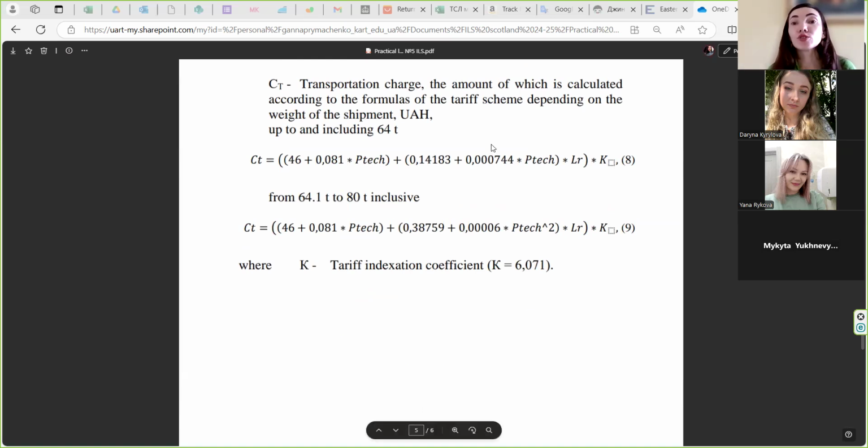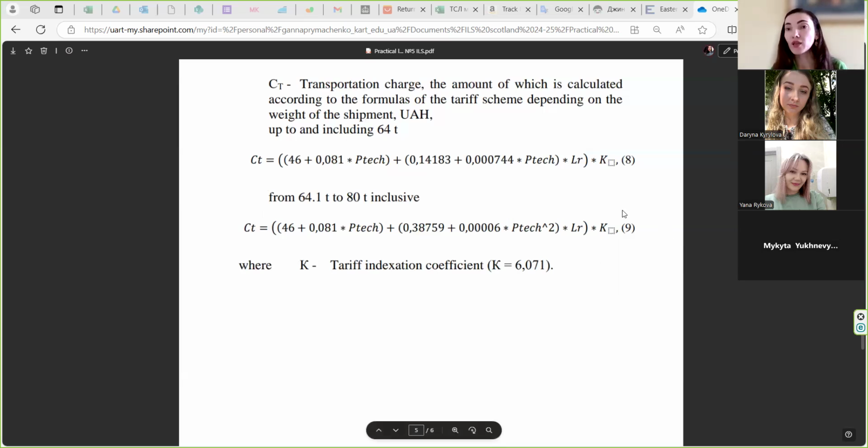Which formula do you need? We need to find your P with index stage. If this parameter is up to and including 64 tons, it is formula number 8. If this parameter for your variant is from 64.1 tons to 80 tons, you use formula number 9.